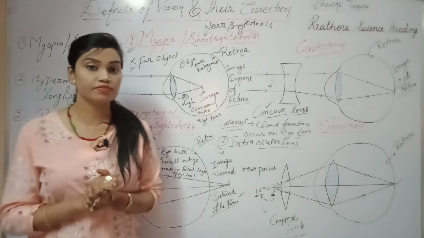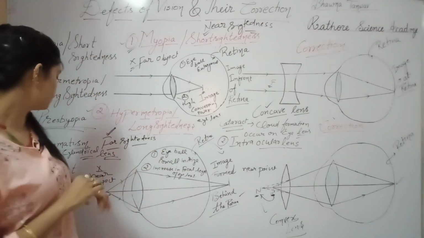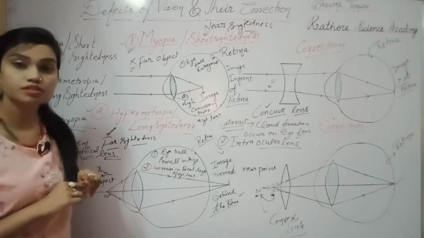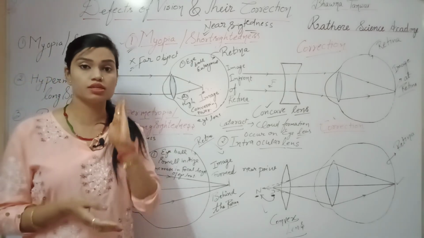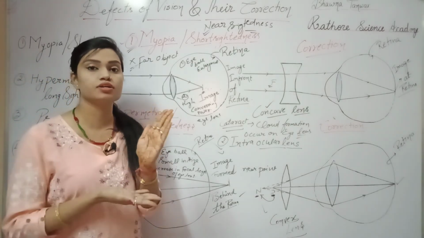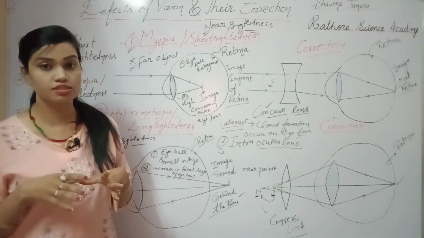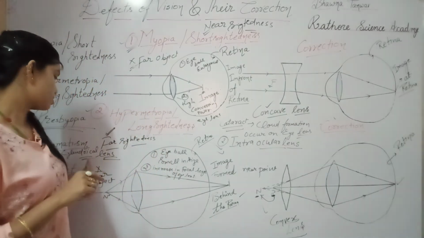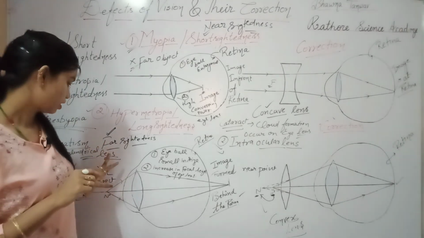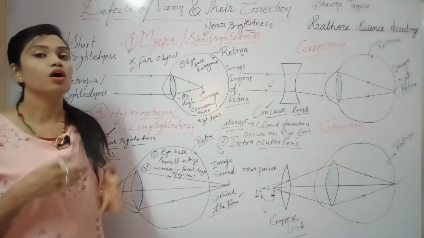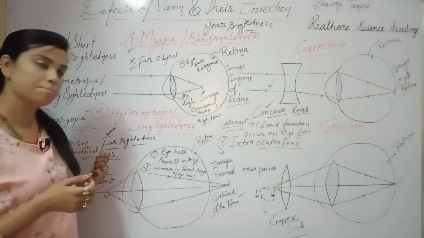Astigmatism, the fourth eye defect. The person is unable to see vertical and horizontal objects, so cylindrical lenses are given in the spectacles of that person.